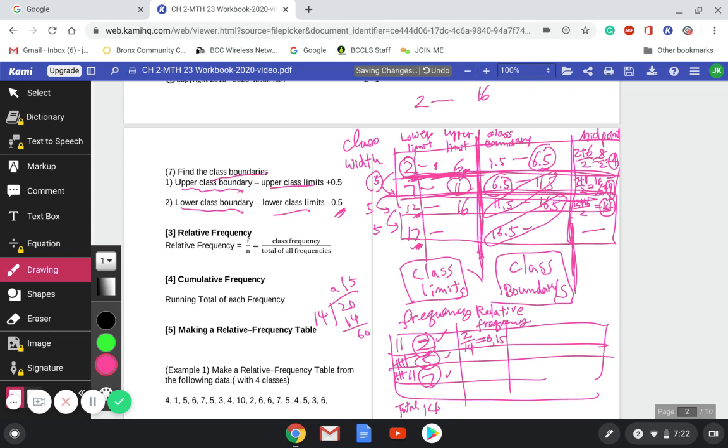And the next relative frequency is 5 out of 14. So you divide 5 by 14, and it's 0.350 something.